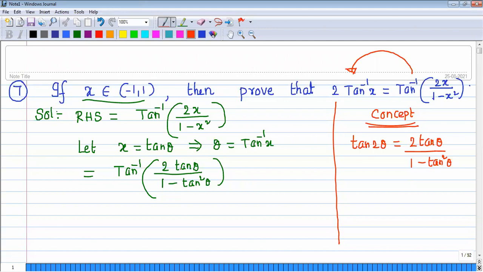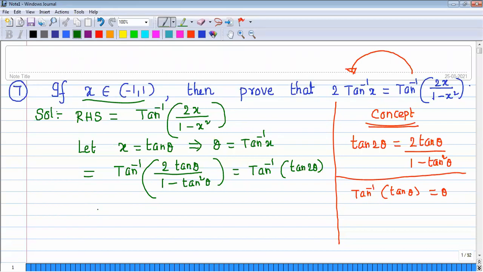So instead of 2 tan theta by 1 minus tan square theta, we write tan inverse of tan 2 theta. And one more formula we have in inverse trigonometric functions: tan inverse of tan theta equals theta. But instead of theta, we have 2 theta.